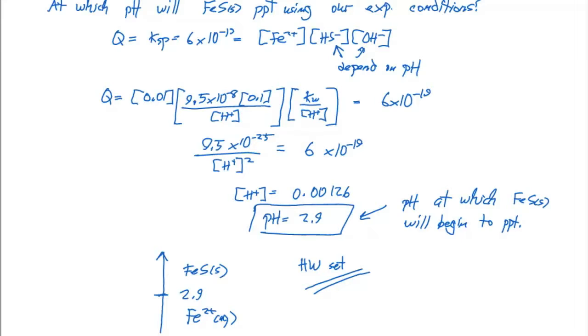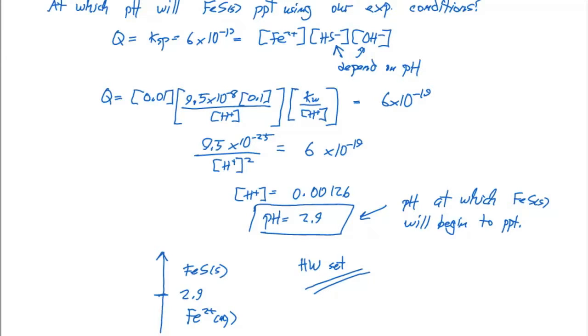By manipulating the pH, we can manipulate two concentrations in the Q expression. The hydroxide ion concentration is very straightforward, but the HS minus concentration is also going to be influenced by the pH because you're going to shift that equilibrium. In both cases, raising the pH is going to make that Q value larger. So we can look at the instances where Q becomes greater than K for each of our experimental conditions, and this allows us to separate each of these.